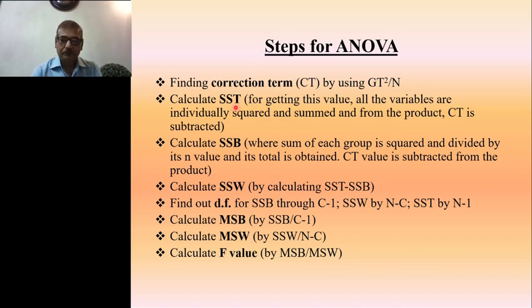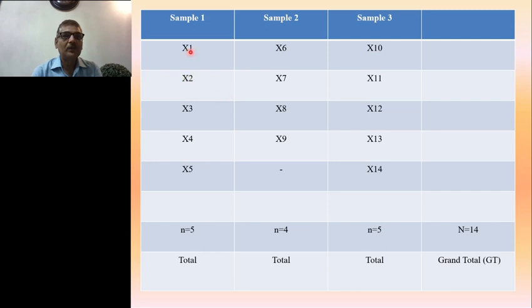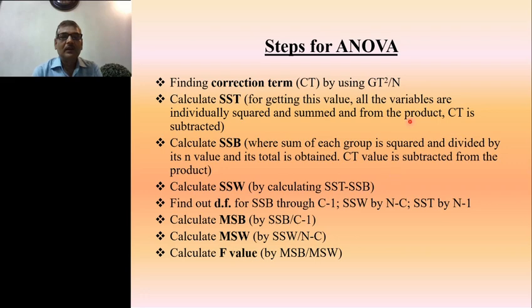Every value will be squared and added with each other, and from whatever is obtained, the correction term value will be subtracted. So when you do this, you will get the SST value.